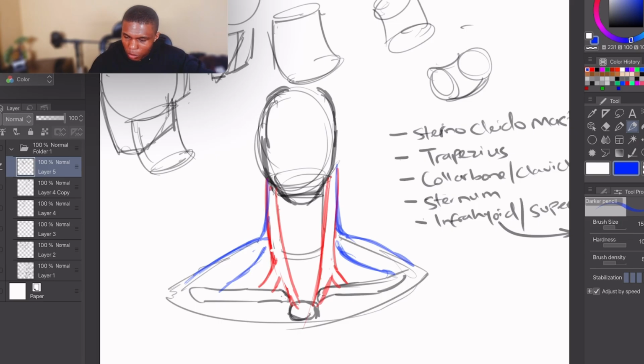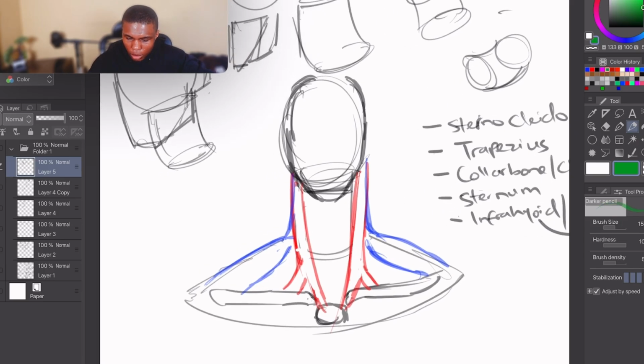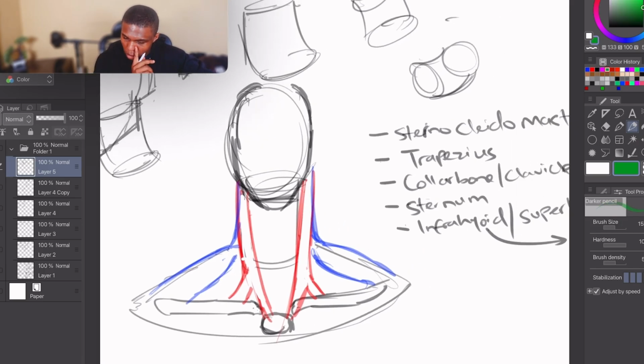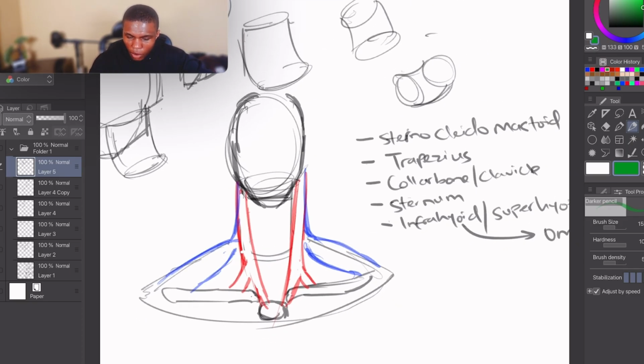And the next muscle that we'll look at is this over here. I've mentioned the collarbone. The infrahyoid connects from here downwards. They come here like this, and it creates this sort of shape.